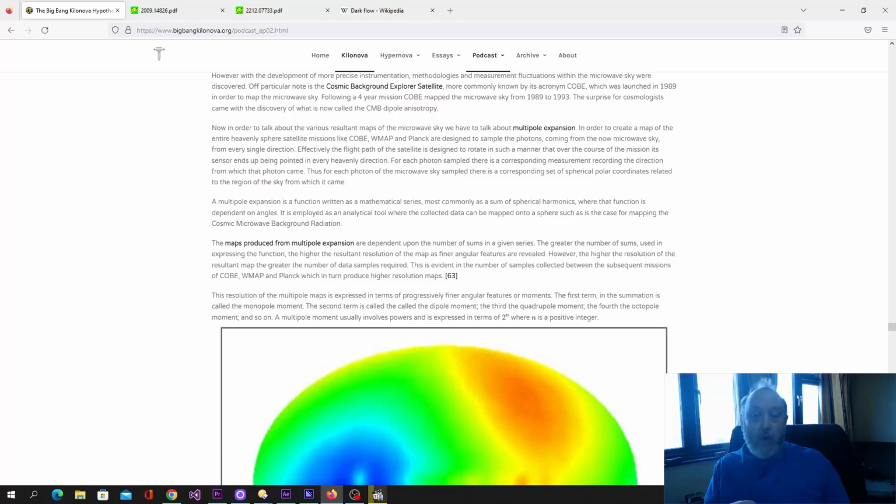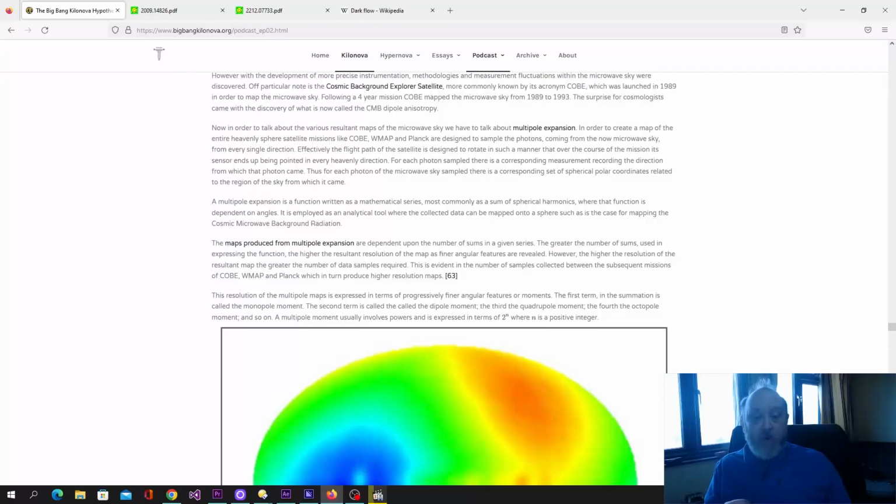expansion. In order to create a map of the entire heavenly sphere, satellite missions like COBE, WMAP, and Planck are designed to sample the photons coming from the now microwave sky from every single direction. Effectively, the flight path of the satellite is designed to rotate in such a manner that over the course of the mission, its center ends up being pointed in every heavenly direction.